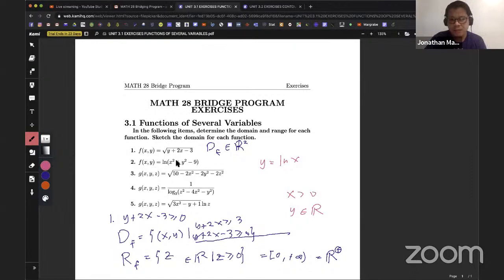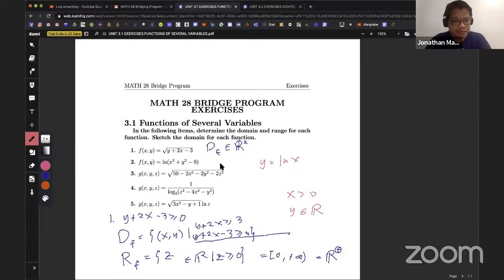Let's say, for example, in number 1, we have a square root function. So ang titingnan mo ay yung properties of the square root function, that the domain, or the integrand, should be greater than or equal to 0, and that the range should be a non-negative real number.